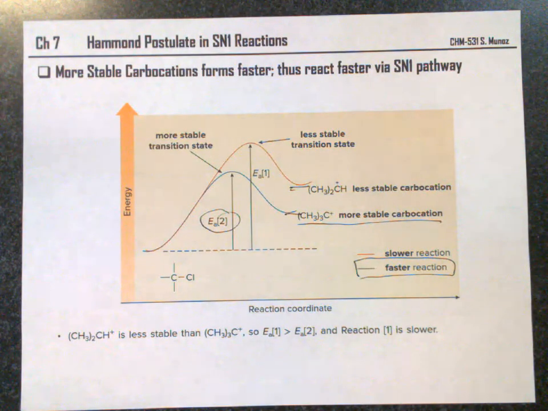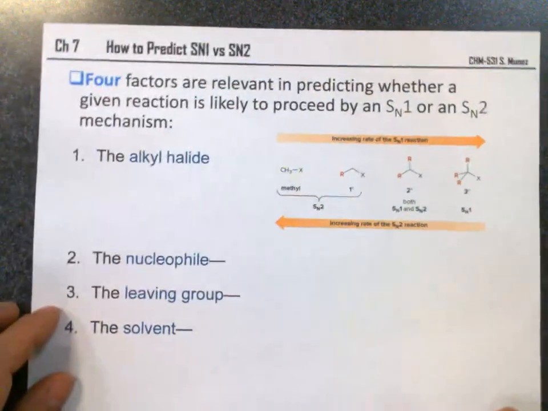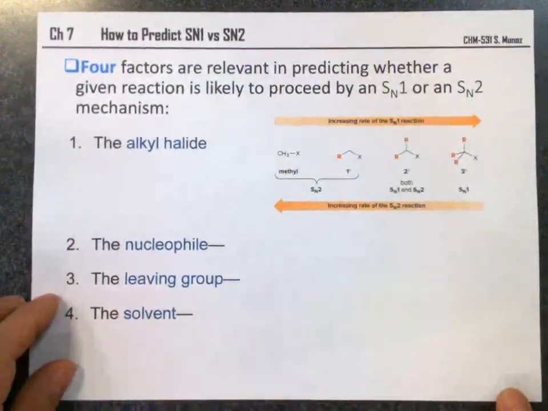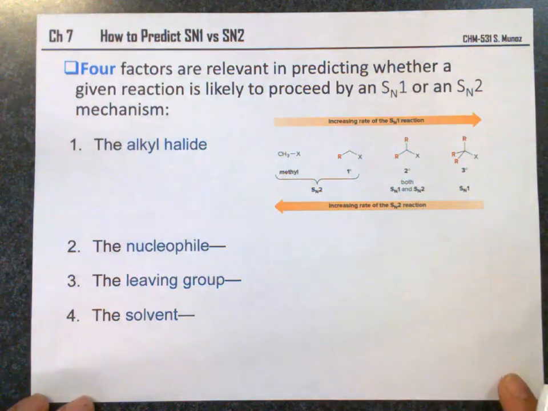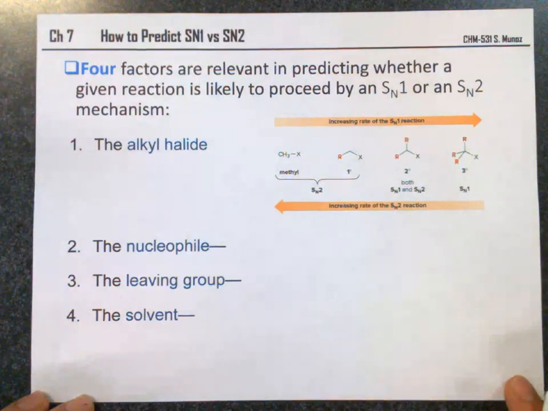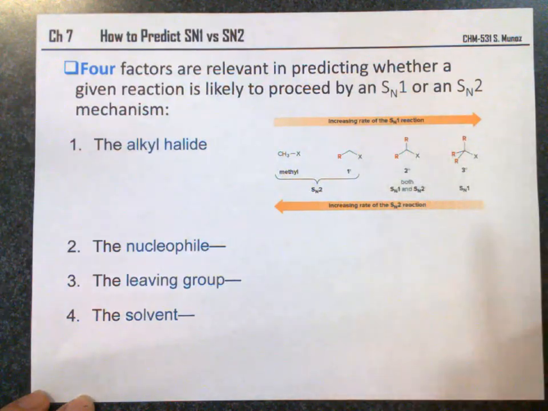Okay, so now we are confronted with a very important topic: how to predict whether we have SN1 versus SN2. So we have four factors that you should all pay close attention to. First of all, the alkyl halide. The alkyl halide, we just talked about it.